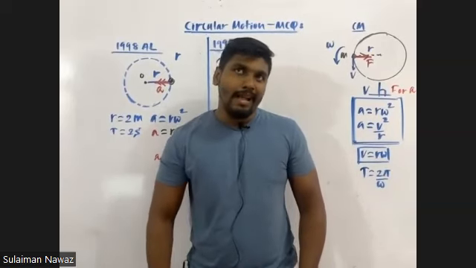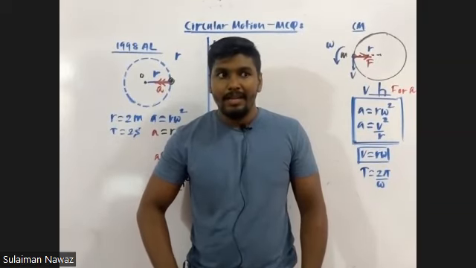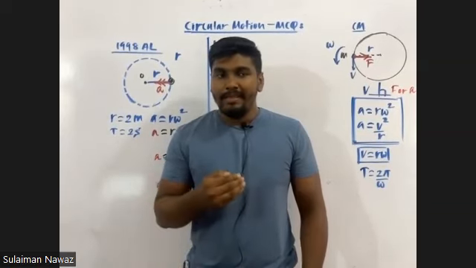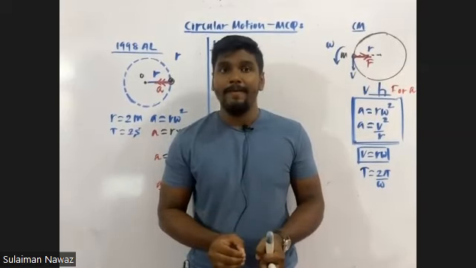We know centripetal acceleration means r omega squared, if not v squared over r. Which is the best equation? The best equation is r omega squared, because they mention the time periods are the same.